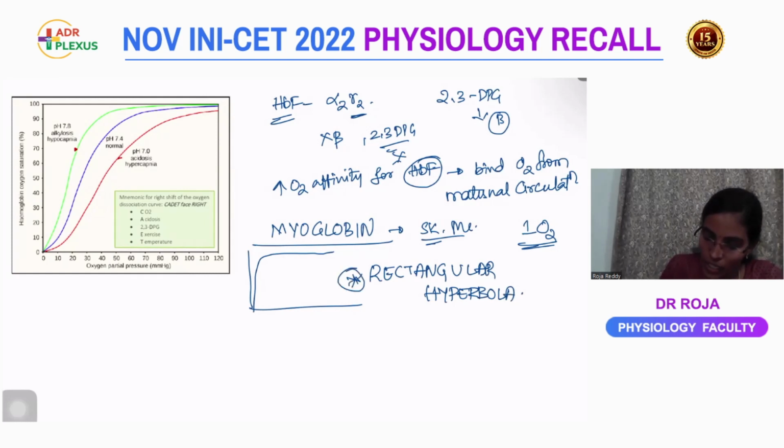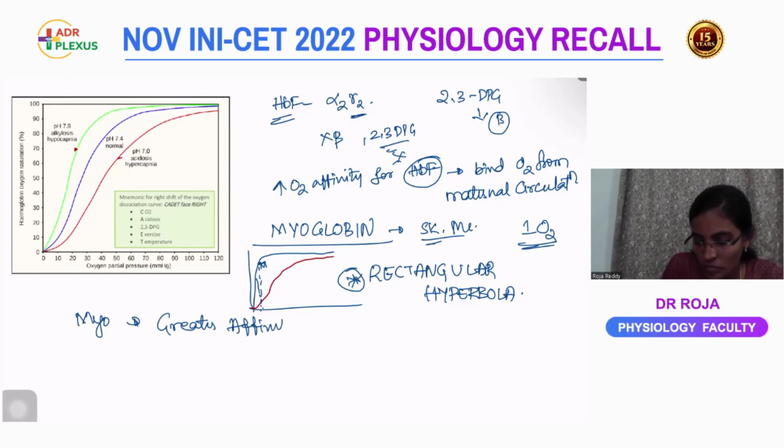If you look at the myoglobin curve and the normal hemoglobin curve, say the PO2 is somewhere around 10. Where is the saturation greater, with myoglobin or with normal hemoglobin? Myoglobin. It means myoglobin has greater affinity for oxygen than normal hemoglobin.